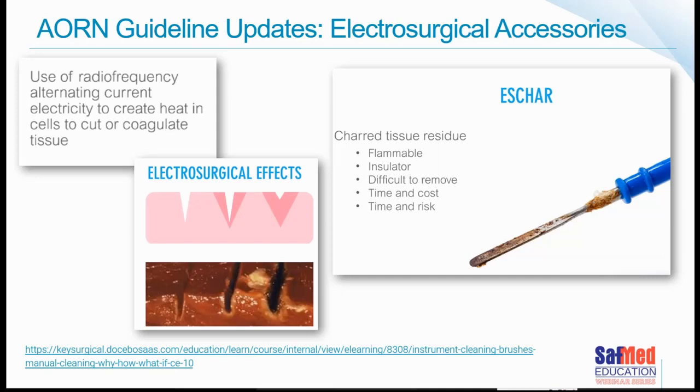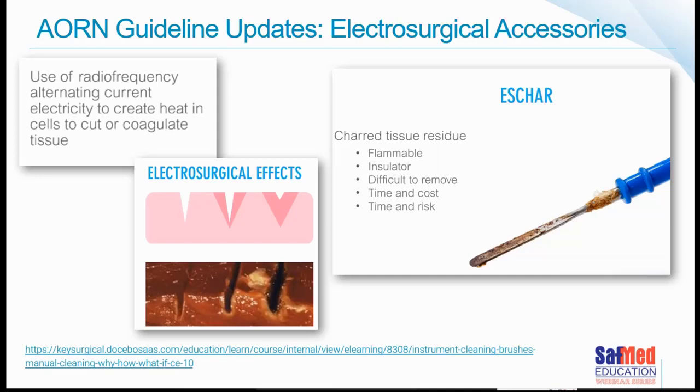They spoke a lot about the fact that because it is so difficult to remove, and because of what's on the diathermy pencil or forceps, it does make surgery take longer, and that increases risk and potential costs. It mentions that the eschar in the charred tissue is an insulator and that it's flammable.